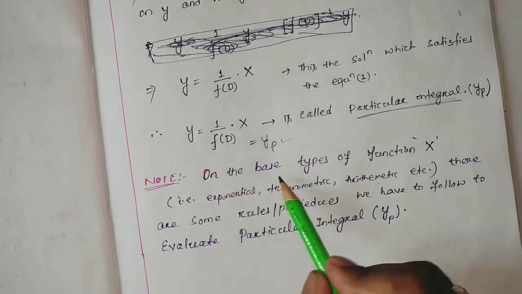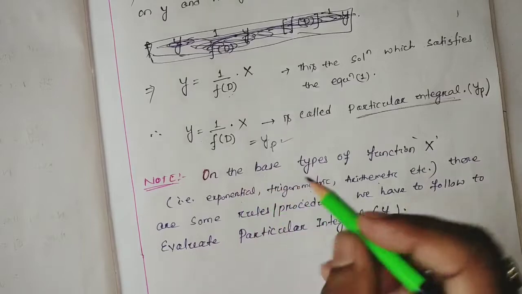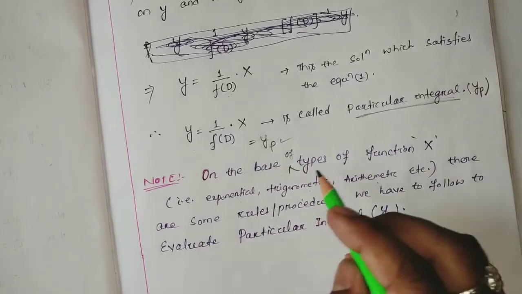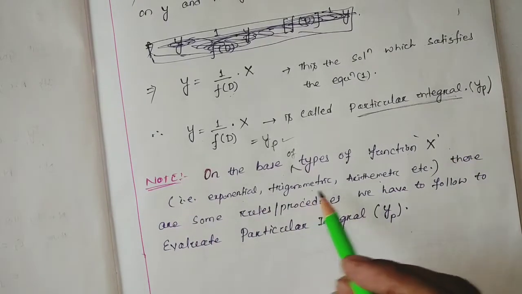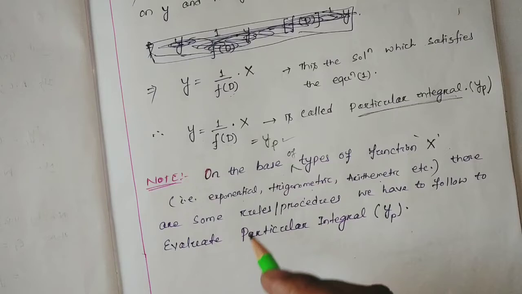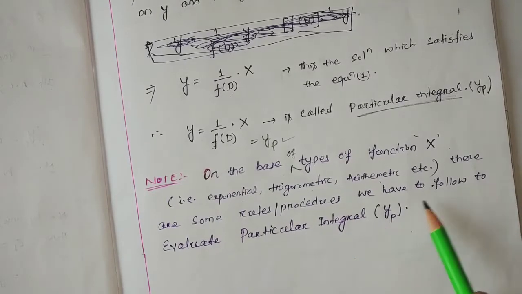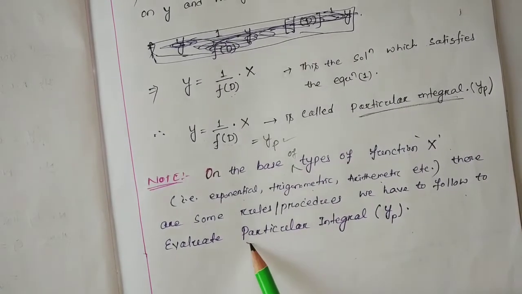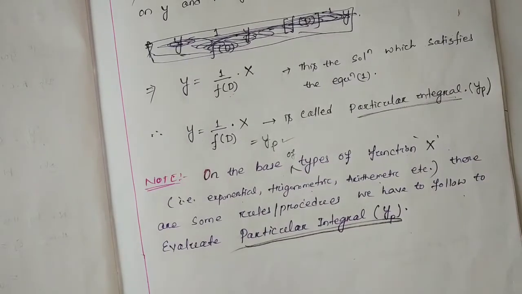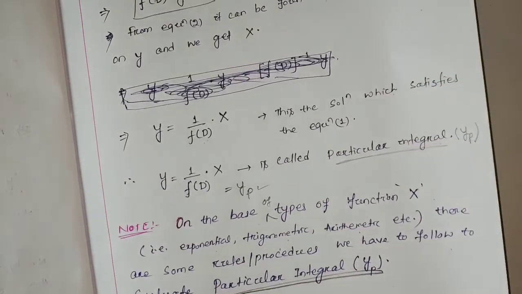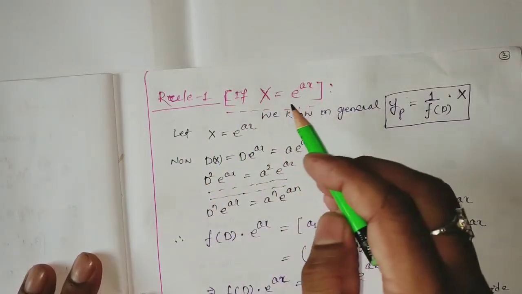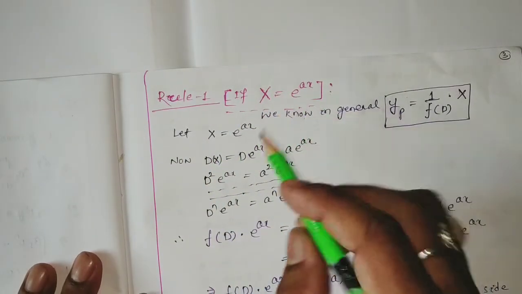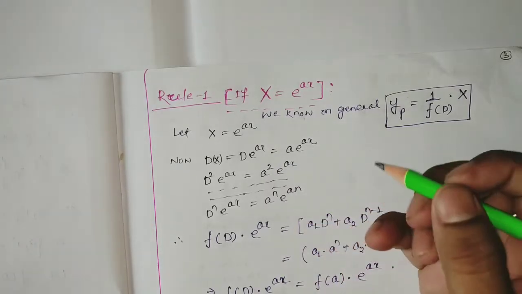On the basis of the types of function X, there are some rules or procedures we have to follow to evaluate the particular integral. First we consider if X is an exponential function. Rule 1: if capital X is of the form e to the power ax, then what will be the particular integral?